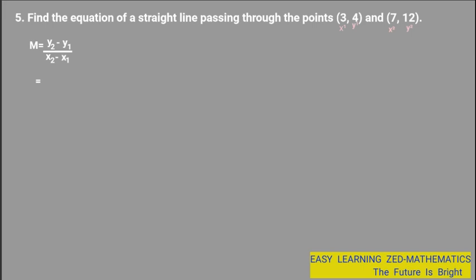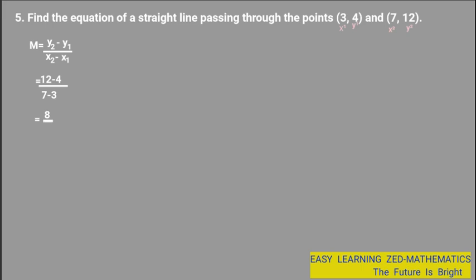Where there is y2 we're going to get 12, so we're going to write 12, which is y2, minus y1, which is 4, divided by x2, which is 7, minus x1, which is 3. Then 12 minus 4 gives us 8, and 7 minus 3 gives us 4.